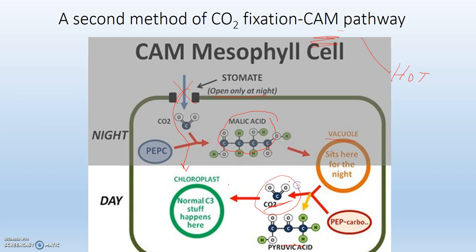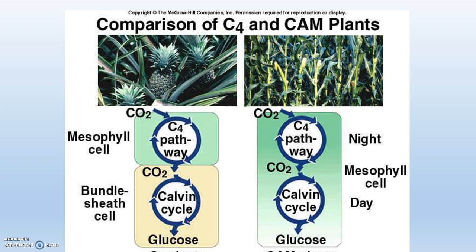The carbon dioxide is grabbed again by the ribulose 1,5-bisphosphate, and you are going to go through the regular Calvin cycle here, and you are going to end up with your sugars as well as with PGAL, and here PGAL can be converted into sugars, amino acids, fatty acids, fats, etc.